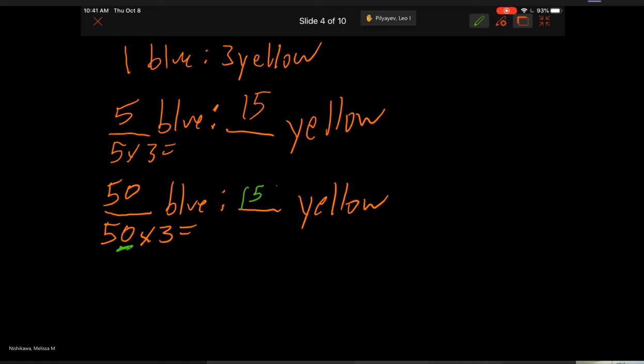And then you add the 0 at the end. So it's 150. Using that same logic, what if I had 1,110 blue? I'm making a whole lot of paint here, y'all. How much yellow would I need?